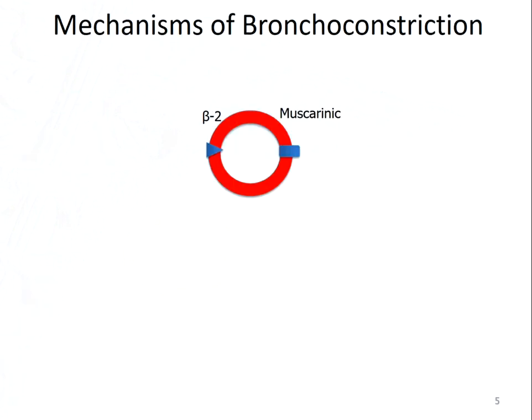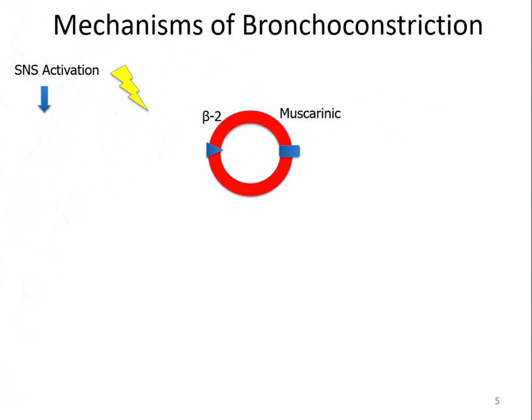Another physiological process that we see in these diseases that we can control is bronchoconstriction. And just like mucus, if our airways are constricting, that's going to impede airflow. So we have a couple of strategies that we can use to manage bronchoconstriction, and they depend on the different mechanisms that lead to bronchoconstriction.